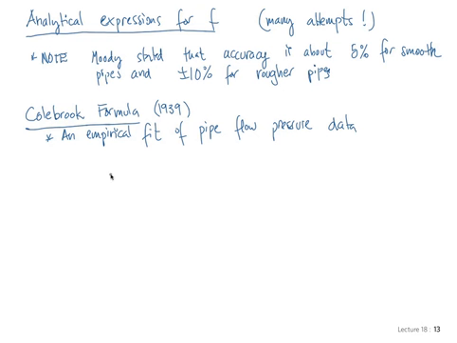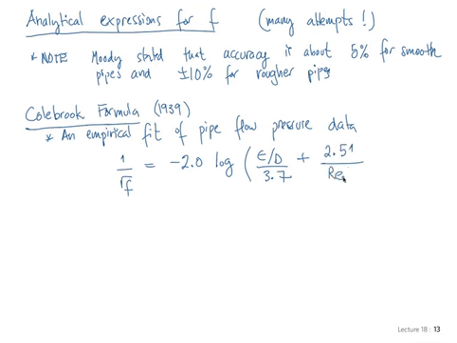And it looks like this: 1 over square root of f is equal to minus 2.0 log of epsilon over d divided by 3.7 plus 2.51 divided by Reynolds square root of f.